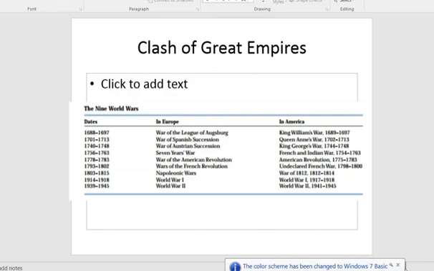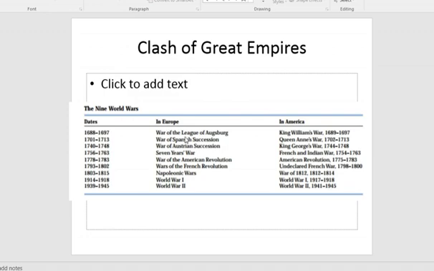What we're taking a look at is what we call the Nine World Wars. These great powers are fighting against each other for supremacy a number of times. It's not just World War I and World War II, which are the big wars, but they're seen in this succession of who are the great powers in Europe, who are the great powers of the world.